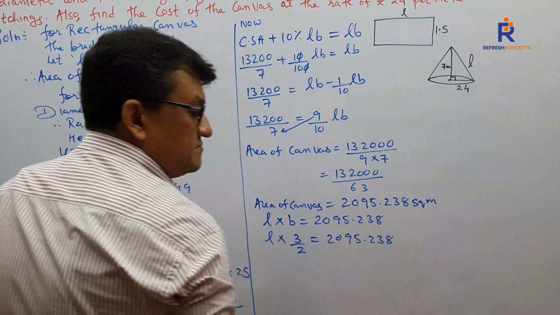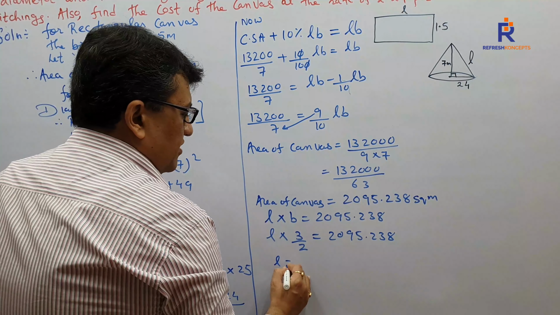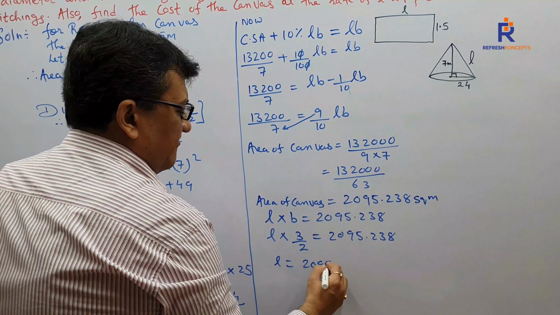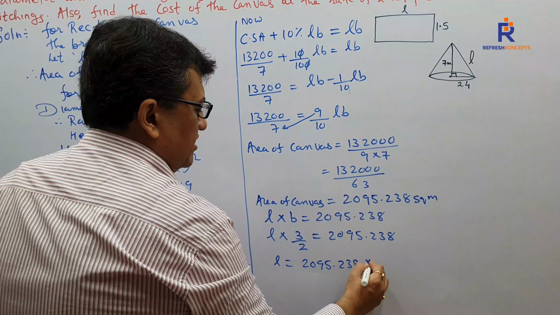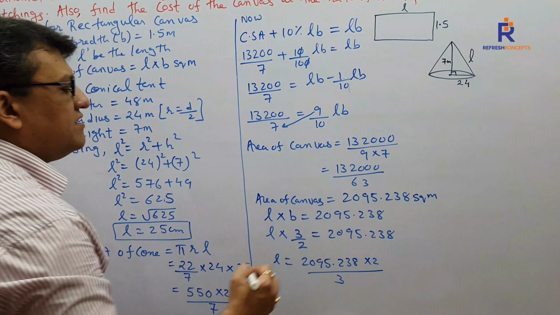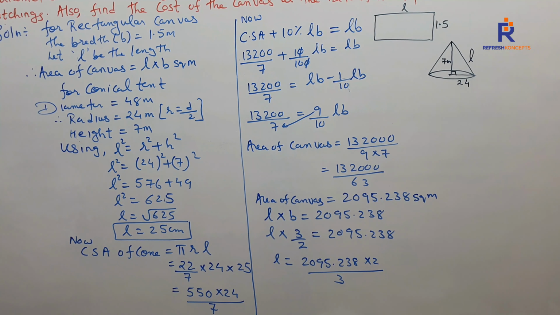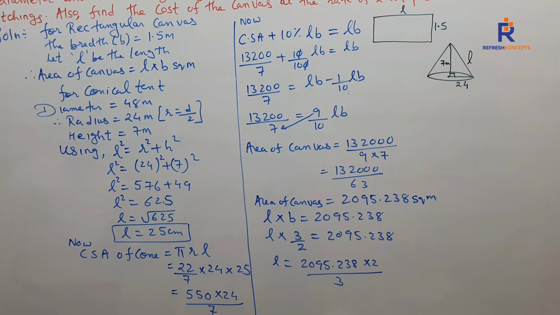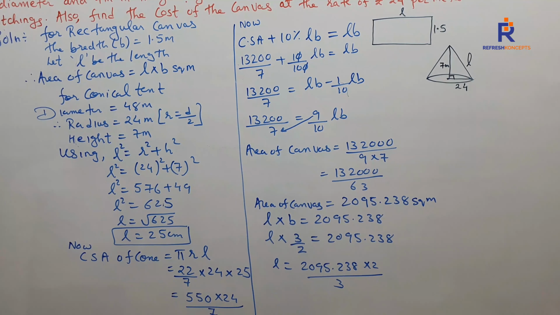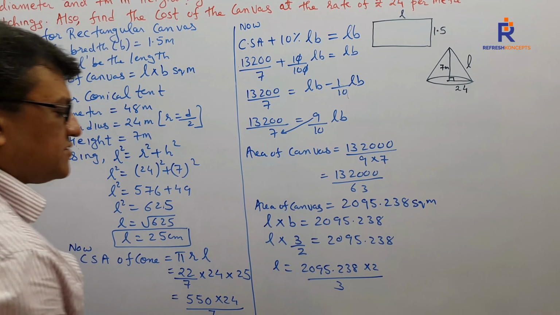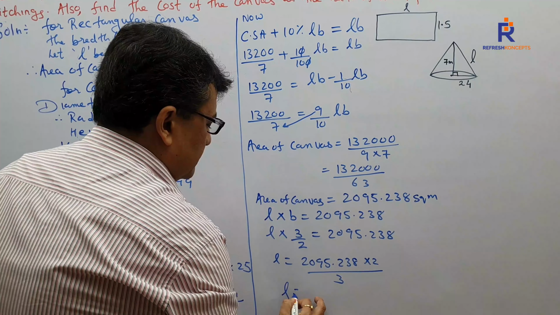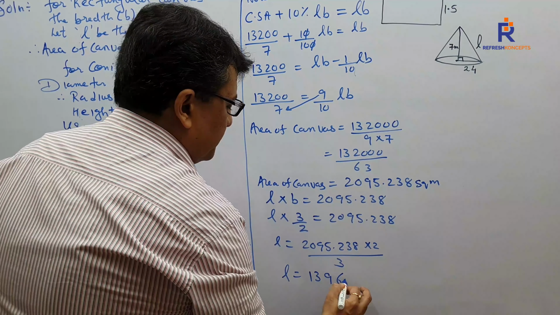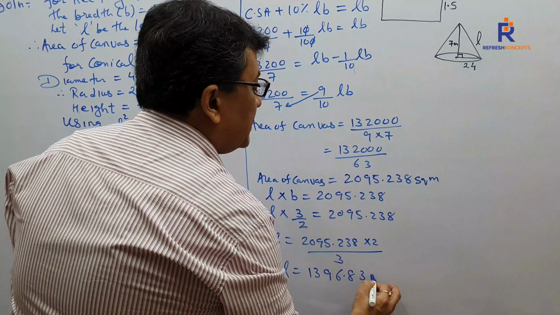L is equal to 2095.238 into 2 by 3. When you take this calculation, your L turns out to be 1396.83 meter.